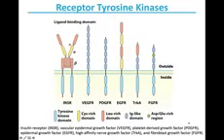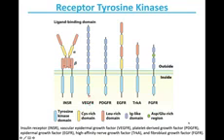The insulin receptor shown here is the prototype for several receptor enzymes with a similar structure and receptor tyrosine kinase activity. Shown here are different receptor tyrosine kinases. And INSR stands for insulin receptor.